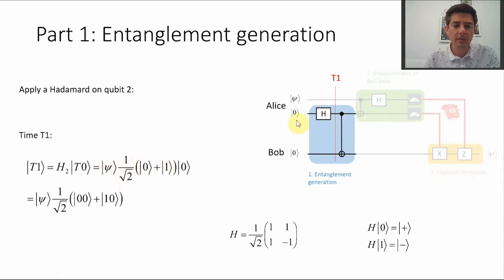The first qubit state is unchanged, it's still psi, and the third qubit is still in state 0. If you like, we can expand this out, and these two terms will be 0, 0, and 1, 0. I've expanded this state out, using the definition that the state 0, 0 is 0 tensor 0. That's the first step, simple enough.